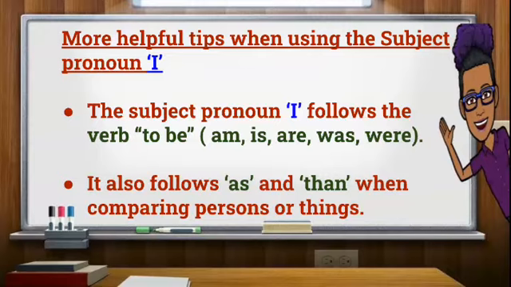So here we have our exceptions compared to where the subject pronoun always comes before the verb. In this case, the subject pronoun I comes after the verbs to be am, is, are, was, and were, and after the words as and than when comparing persons or things.